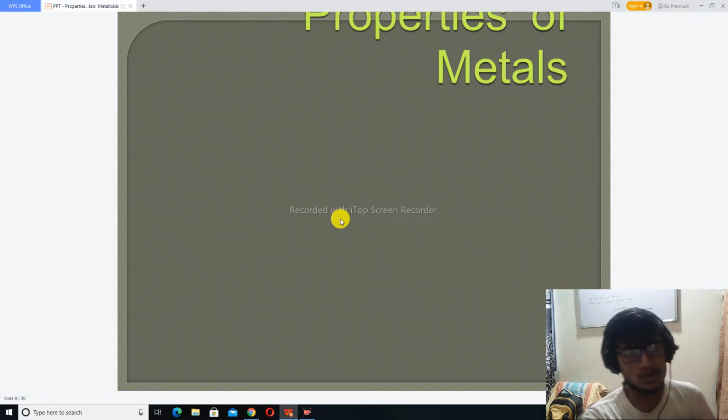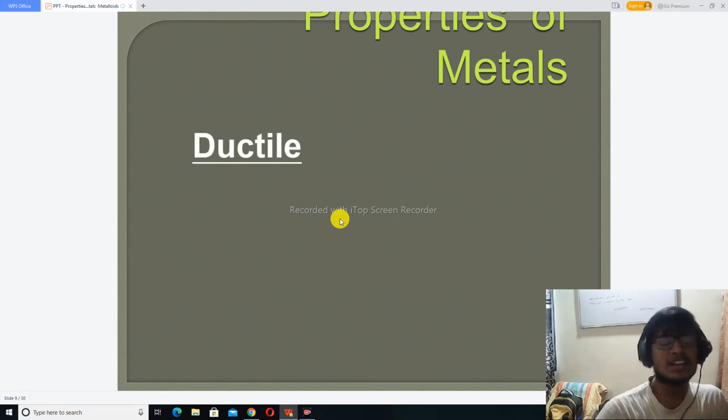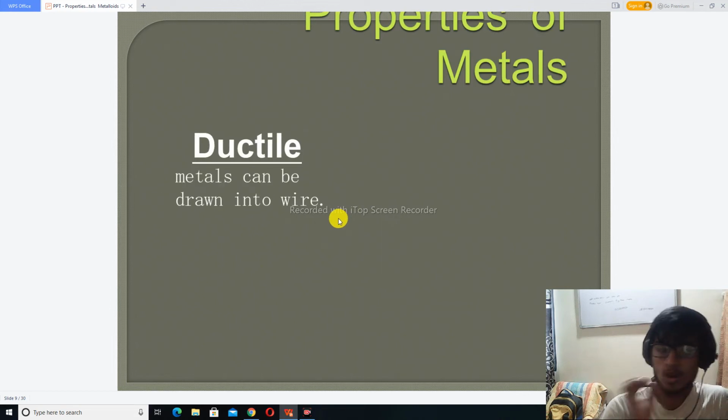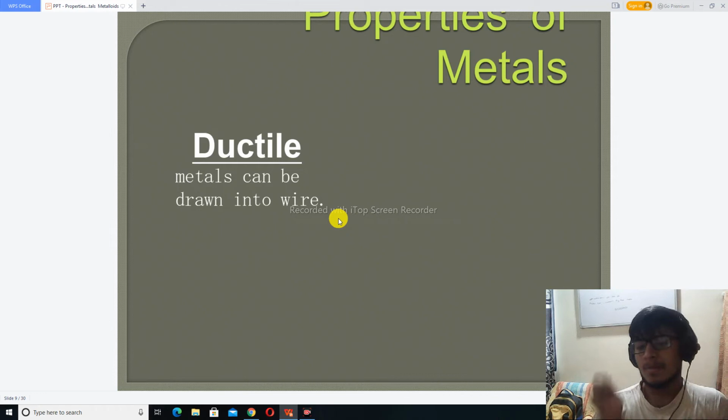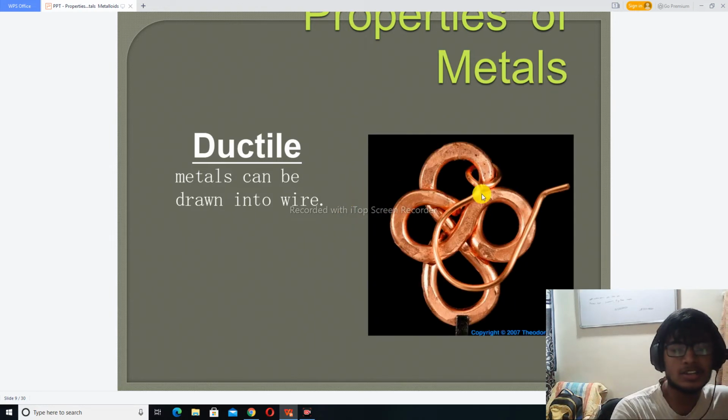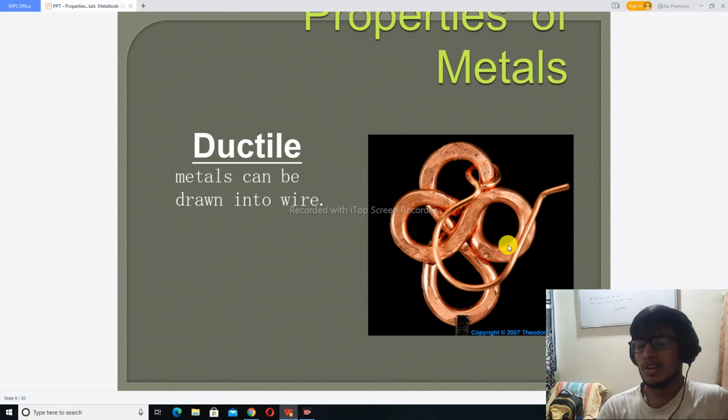So, ductile means a metal can be drawn into wire. A metal hammered for a long time and drawn into thin wire shows ductility. An example of a ductile metal is copper wire.